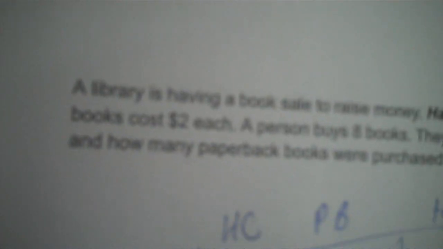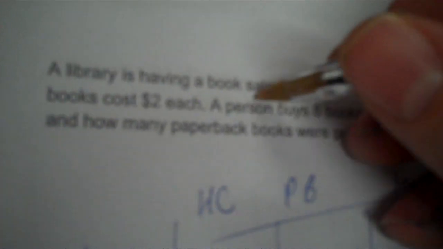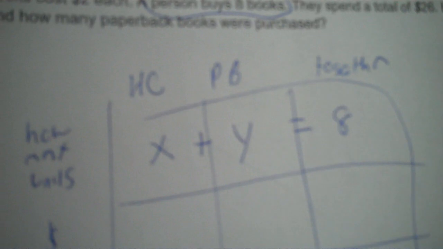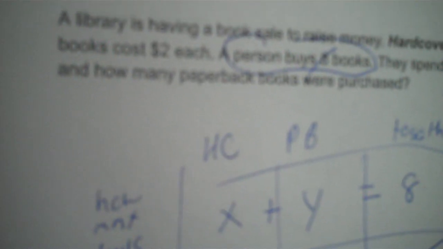Okay, so go up here and fill out the top row. So the only thing you see that's not cost related is the 8 books. So I assume that would be together. It's not more than. So we have to have this be x and y now. Now we need y. So x plus y equals 8. Okay, now I come down here. What's your total cost? $26. So this will not be needed because we have this and we have this. Okay, so the hardcover books cost $4 each, and the paperbacks cost $2 each.